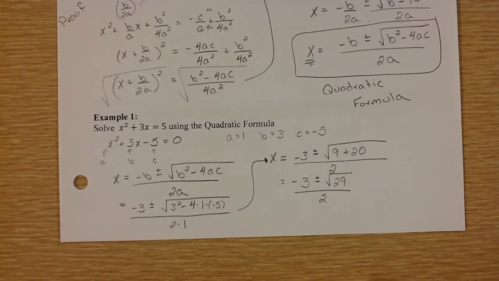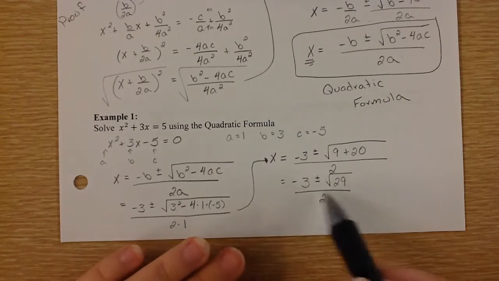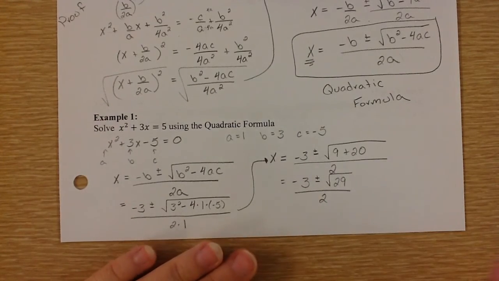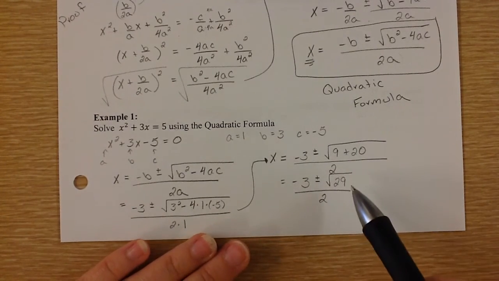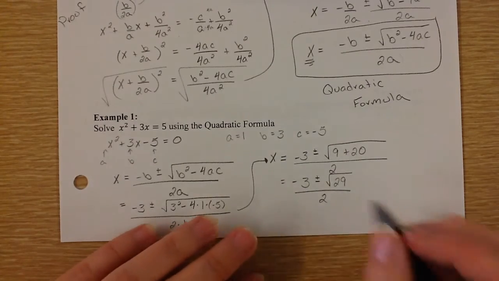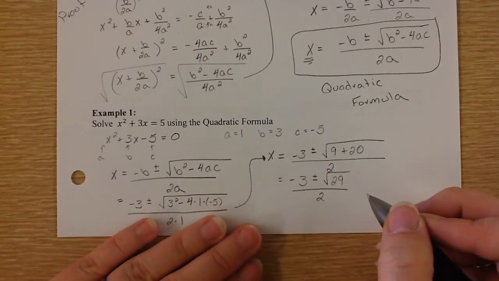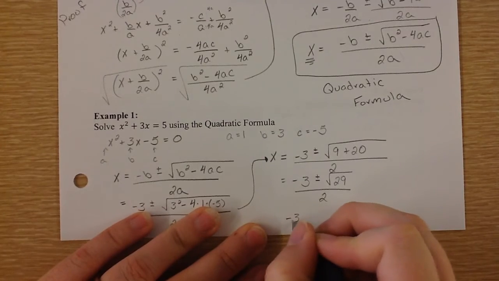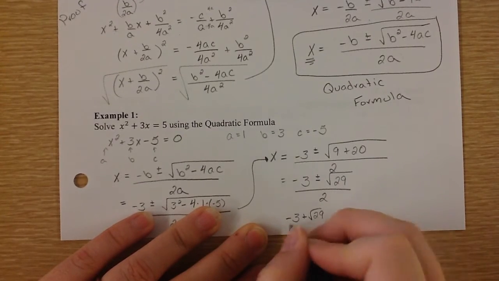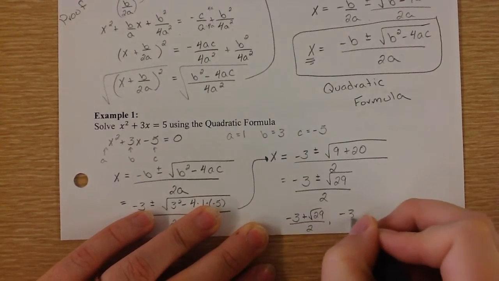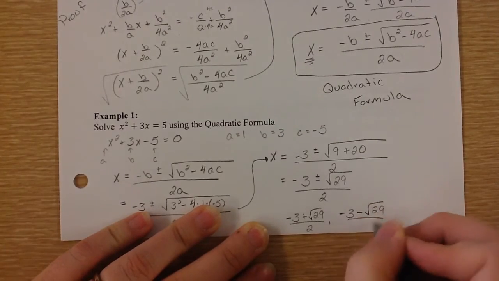So now we look to try to simplify this if we can. Square root of 29, and I don't think that simplifies any. 29, I believe, is prime. So my two solutions are negative 3 plus the square root of 29 over 2, and then negative 3 minus the square root of 29 over 2.